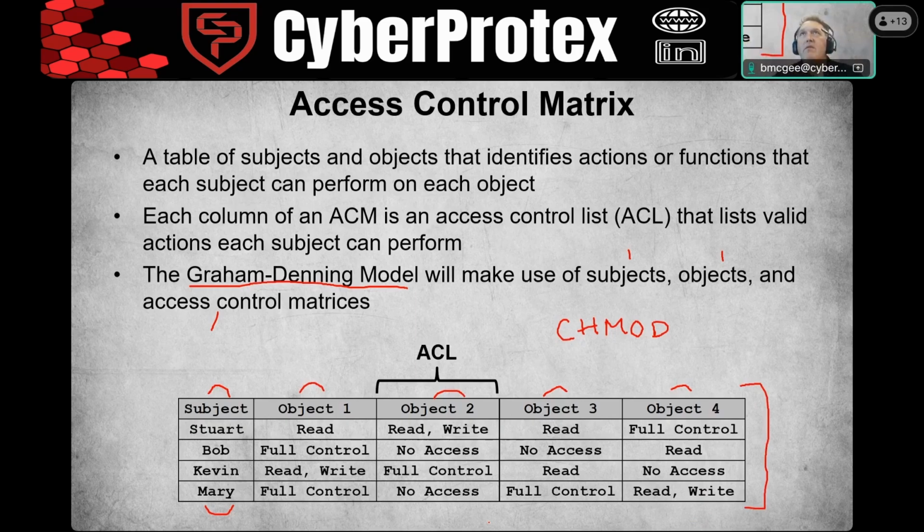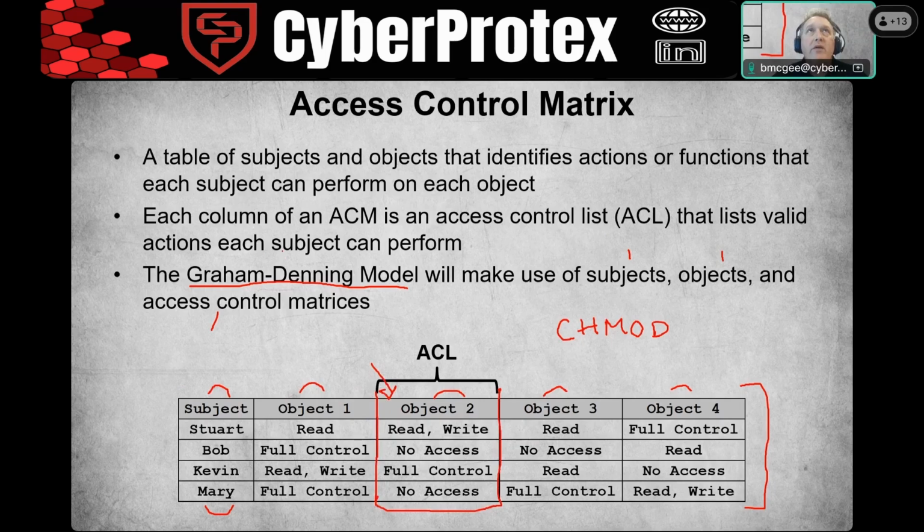And so that's what is considered an access control list. Each one of these specifically would be, this whole thing would be a matrix, but one specific here, like this one right here, object 2, would be an ACL, or an access control list.